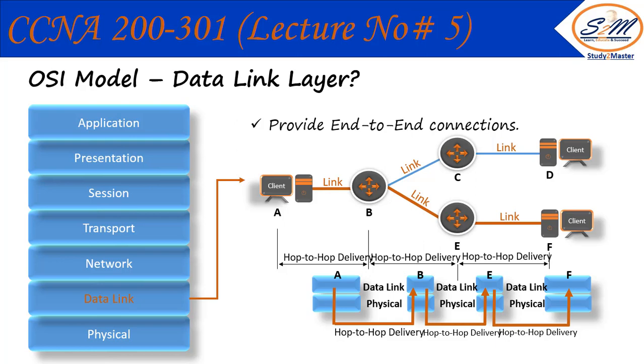PC A wants to send data to router B, router B sends data to router E, and router E sends data to client F. So it is called end-to-end connections. All computers, routers, and switches are involved when they are sending data. This is the responsibility of the data link layer.